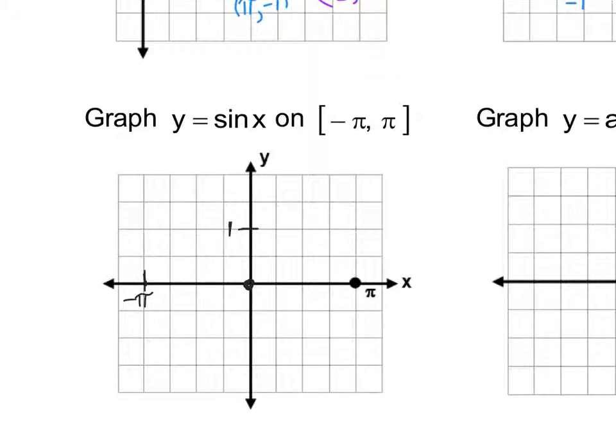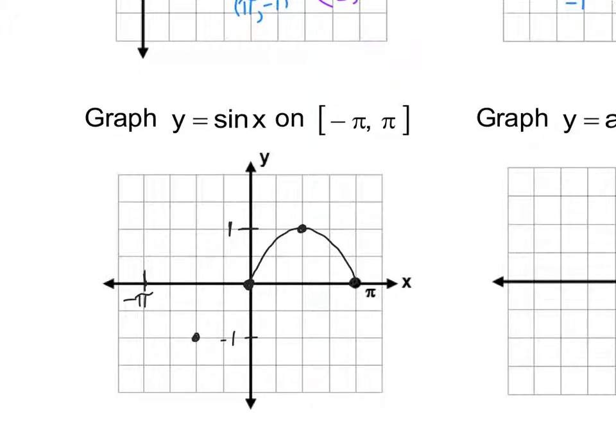I'm going to make this 1 and this -1. Increases to the maximum at the quarter wave point, then back to the midline at the halfway point, so we're looking at something like this. If it allowed me to go out to 2 pi, I'd get 1 full cycle to the right of the y-axis, but they don't want me doing that.